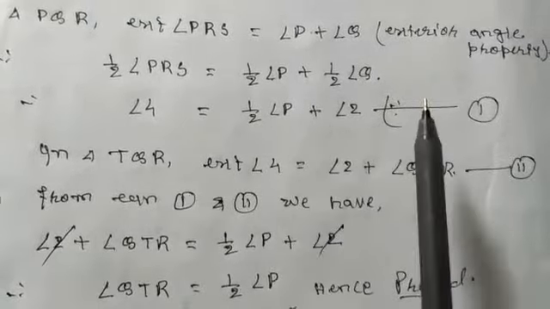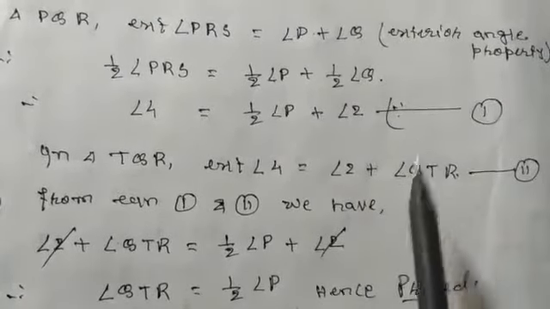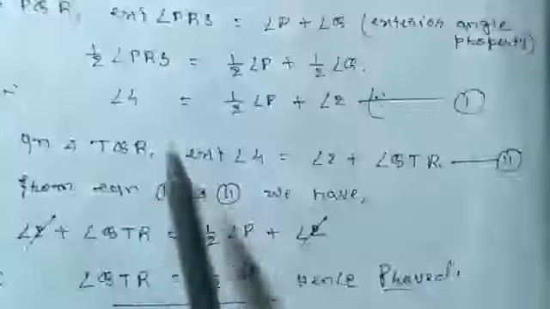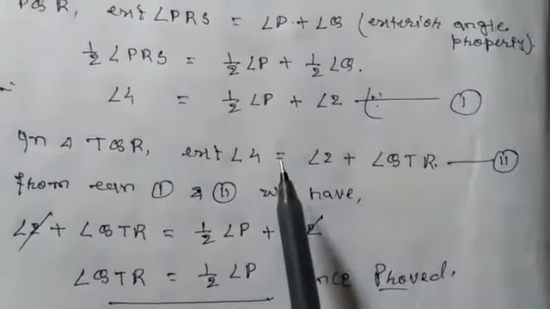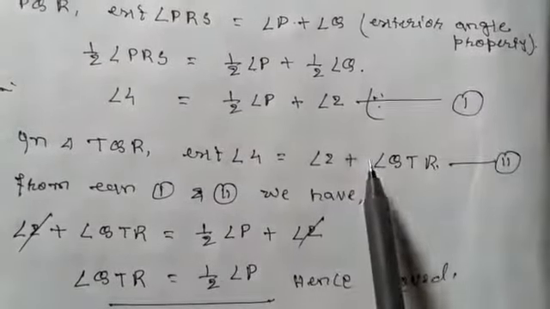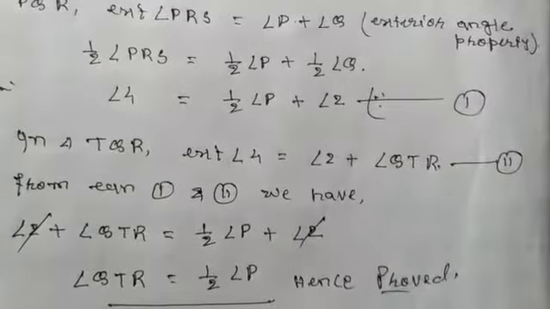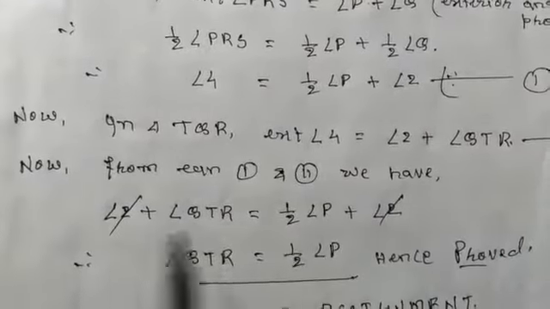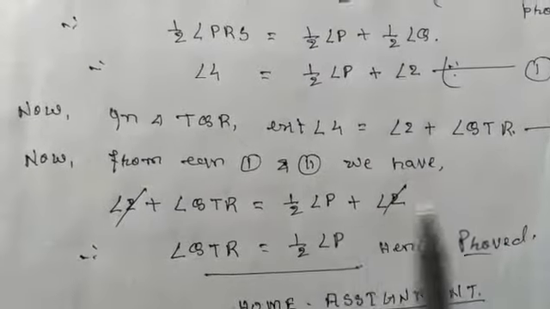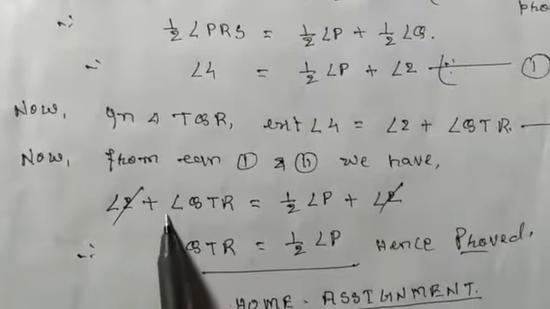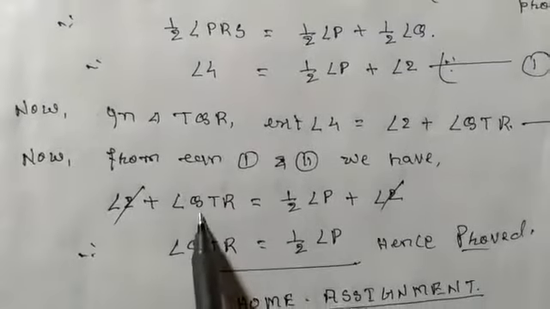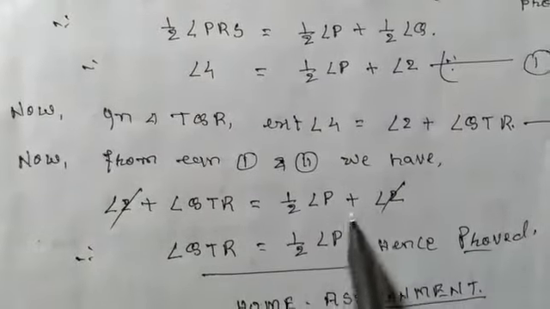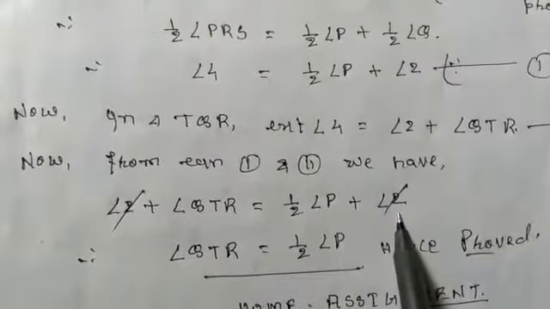Now on comparison of equations 1 and 2, we see that the LHS of both equations is the same, so their RHS must be the same. So from equations 1 and 2 we have angle 2 plus angle QTR equals half of angle P plus angle 2.